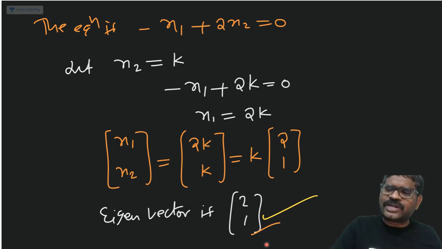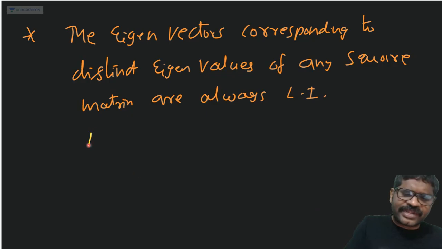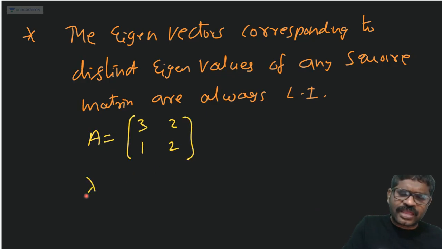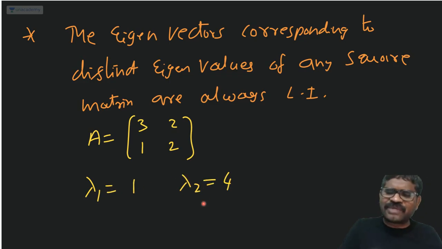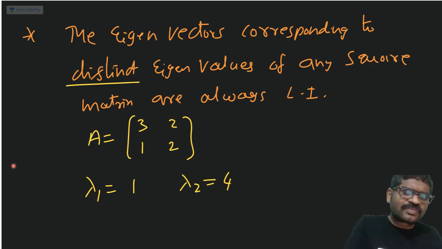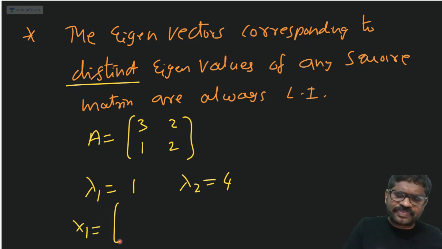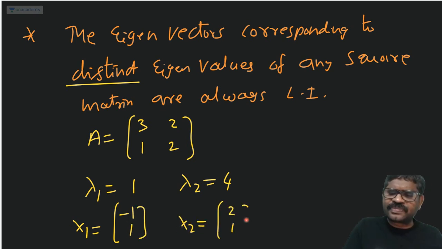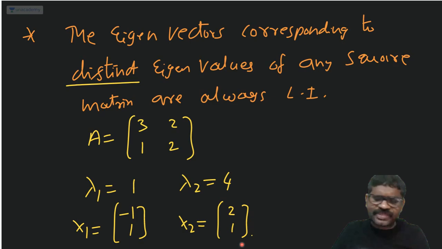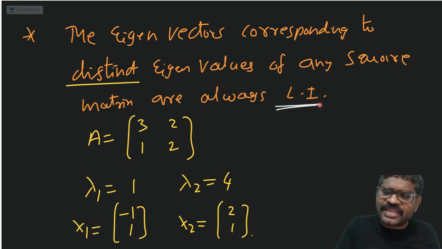The matrix is 3 2 1 2. Eigenvalues are 1 and 4. Both are distinct eigenvalues. Eigenvectors are -1 1 and 2 1. You have already calculated them. Now I have to prove that these eigenvectors are linearly independent.